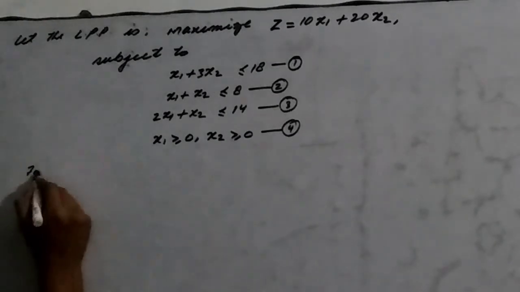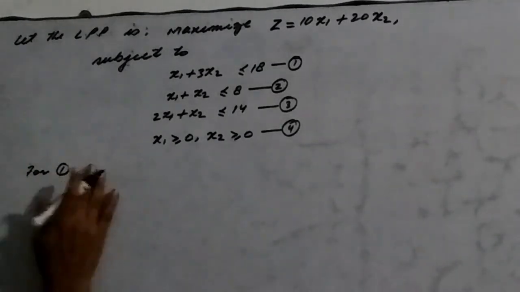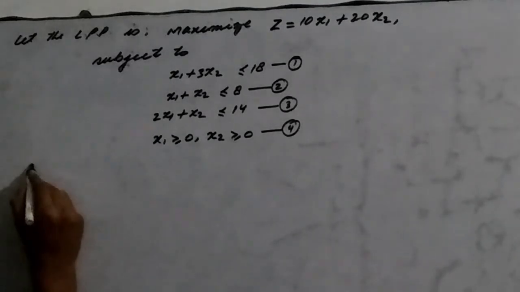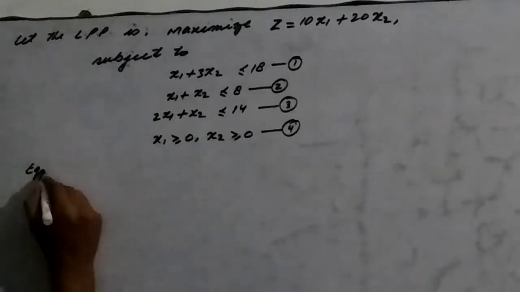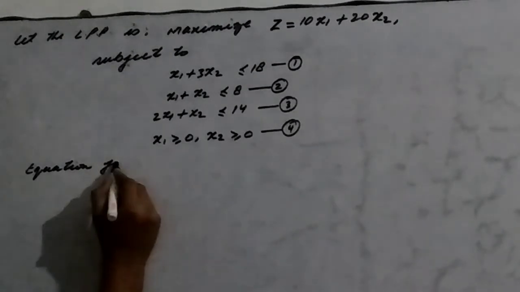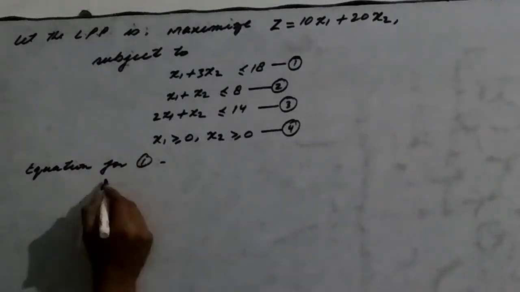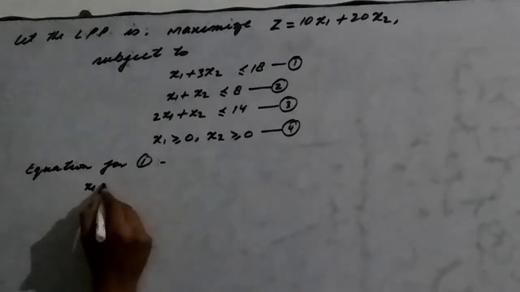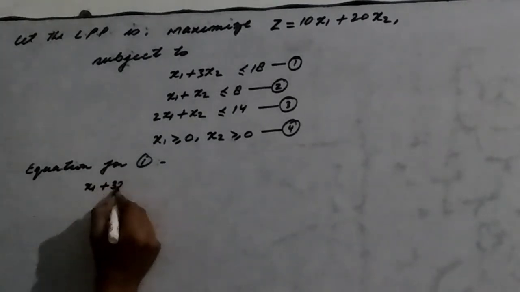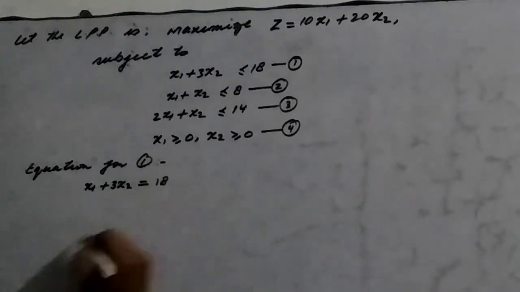So write a subheading, equation for 1, that is x1 plus 3x2 is equal to 18.